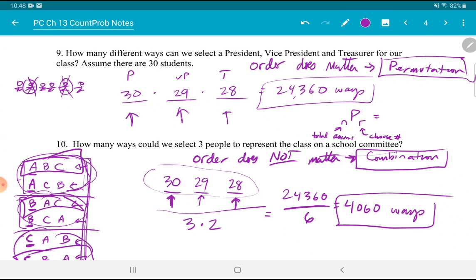So the way you use this formula is that if it says nPr there, you would say n factorial over n minus r factorial. Okay, and if you're doing combinations, let me actually highlight this. This is a pretty important formula that you'll want to remember.